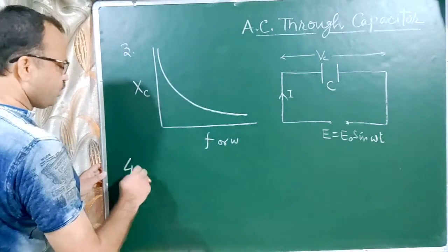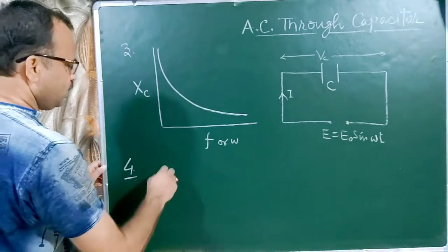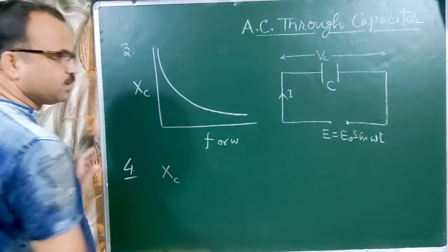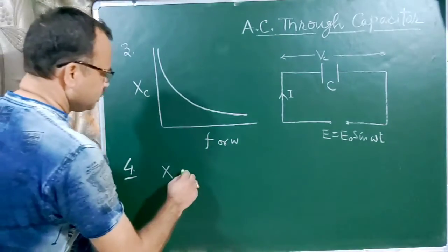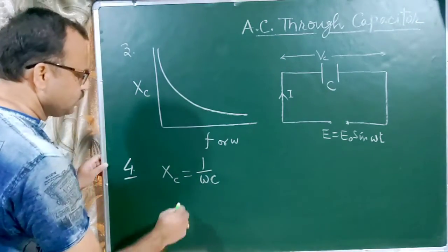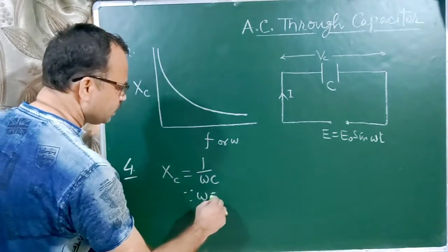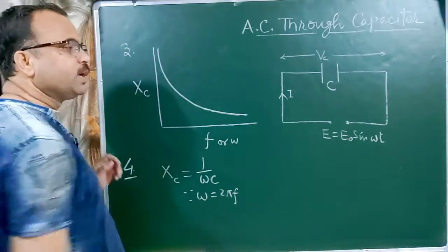Fourth point: the resistance of the circuit is denoted by Xc. Xc means reactance of the capacitor. This is equal to 1 upon omega C. Since omega equals 2 pi f, here f is the frequency of AC.